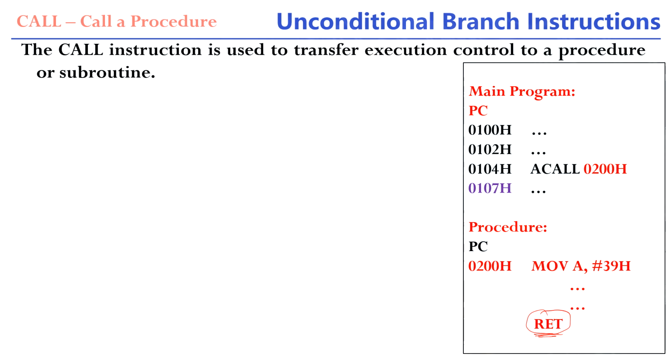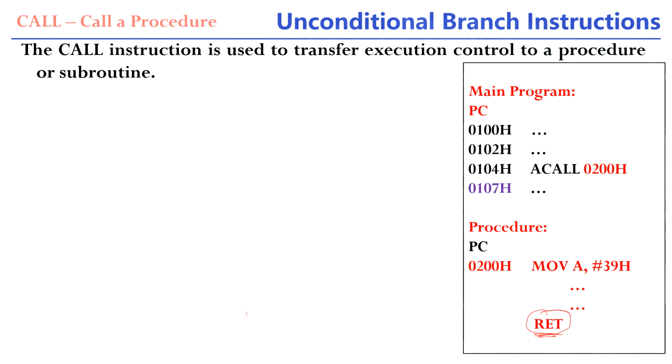The call instruction is used to transfer execution control to a procedure or subroutine.